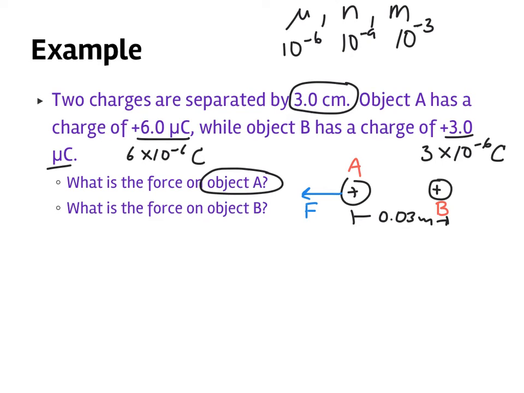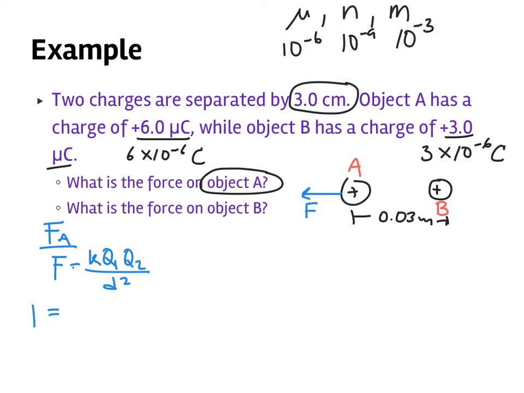We're just worried about the electrostatic force. So to find the force on A, I'll just write FA. I'm just going to use the Coulomb's law equation, that F is going to equal K Q1 Q2 over D squared. Now I'm just going to plug in my variables.